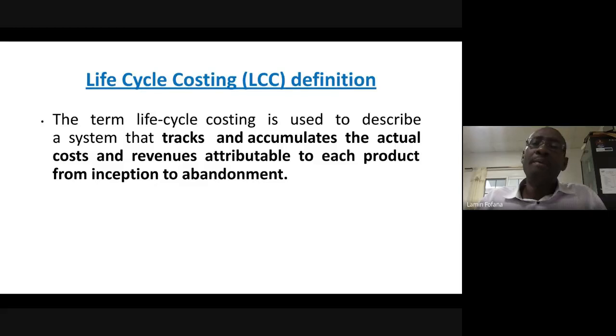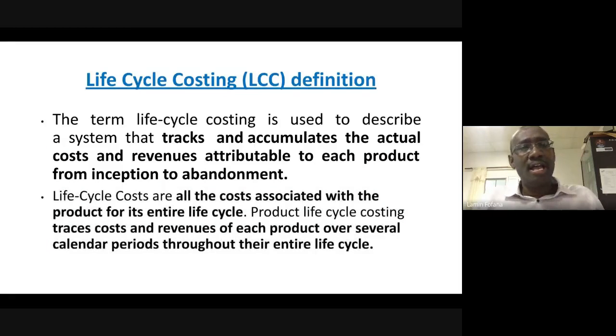Our traditional costing technique does not look at the cost of the product before the product is launched to the market. It only considers the cost of the product from when the product is launched to when the product is withdrawn from the market. But it does not look at everything else that comes to being during the development stage.